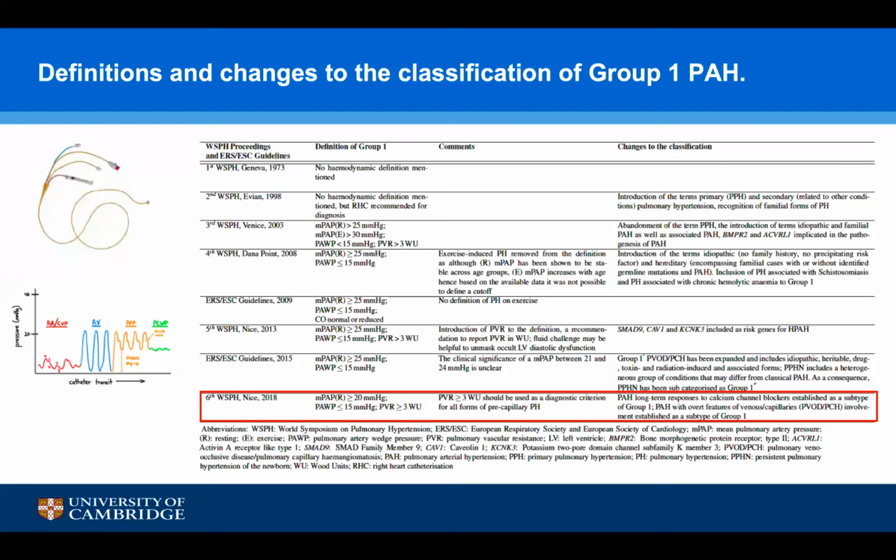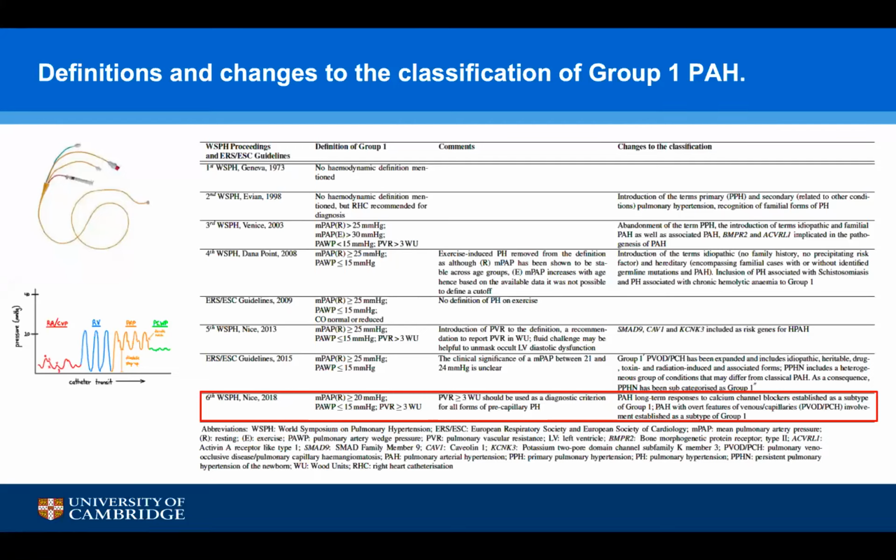And this influenced the way we classified the disease as hereditary and non-hereditary, and also how we approach patients. The recent guidelines highlighted the importance of genetic testing.